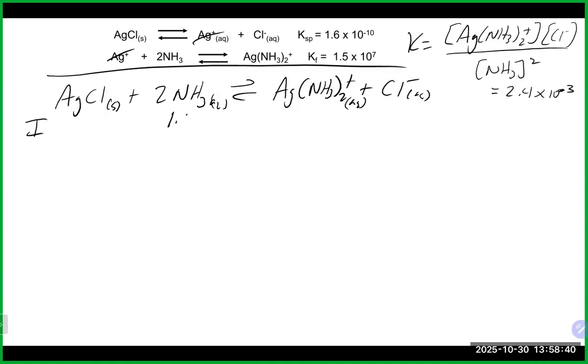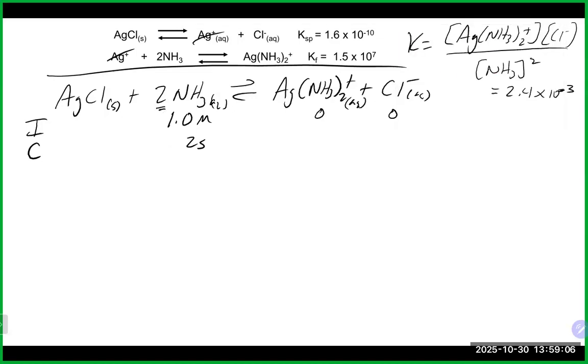So, unusual for Ksp, we actually have something over there on the left-hand side. This is going to be 0 and 0. And then we're going to go with our change, which will be plus 2s here again. Not plus, I'm sorry, minus 2s.